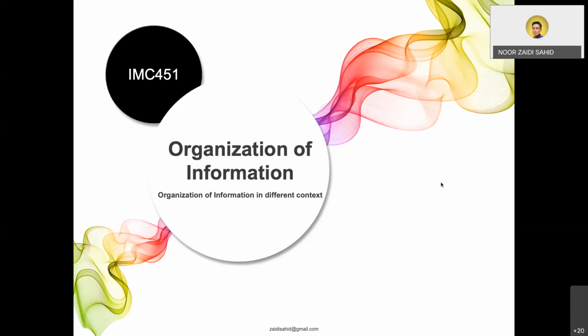The ones to be discussed today are libraries of all types. I will touch on archives, museums, the internet, and other institutions or information providers known as information agencies. All right, let's go through one by one.